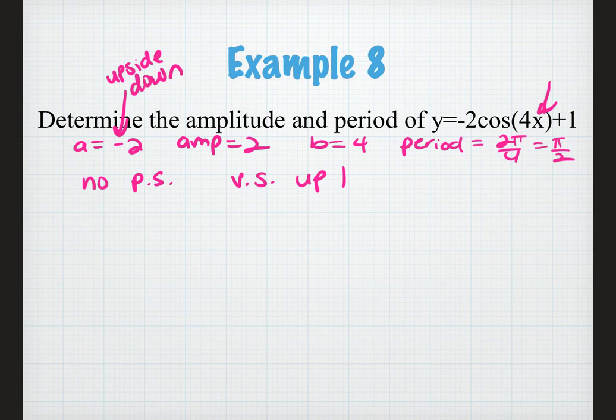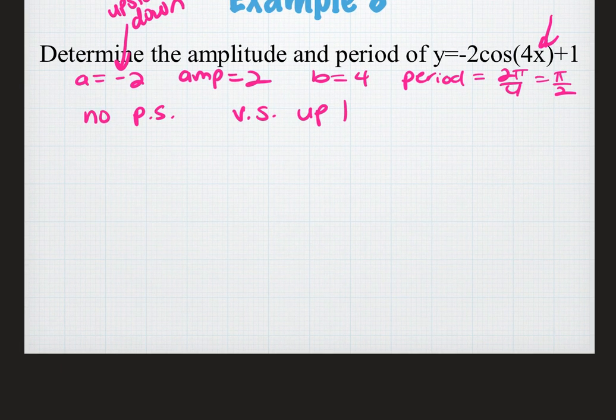So on your test, you're going to get your equation. It's going to give you a spot for you to give the amplitude, a spot for you to give the period, a spot for you to give the vertical shift, phase shift, and then on your actual graph is where you will plot your key points, okay? So I'm going to do the period, which is that pi over 2. Starts at 0, ends at pi over 2, and then I'm going to do pi over 2 times a fourth, pi over 2 times a half, and pi over 2 times 3/4.